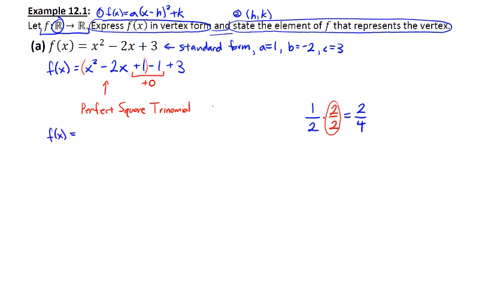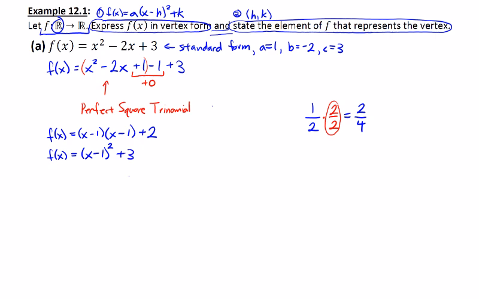So x squared minus 2x plus 1 is going to become x minus 1 times x minus 1. And then the minus 1 plus 3 will combine to become plus 2. So every time you have a perfect square trinomial, you will end up getting the exact same factor twice, which means that we can write it in its condensed form using an exponent: x minus 1 squared plus 2.